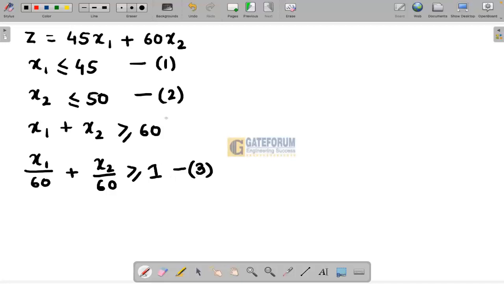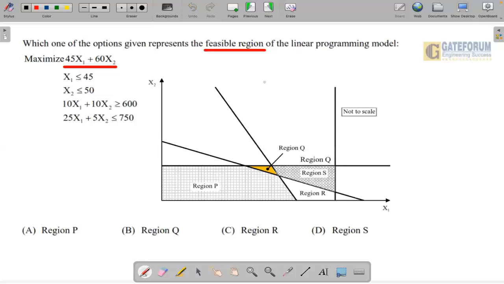Now the next equation, which we can write like this: x1 by 30 plus x2 by 150 less than or equal to 1.